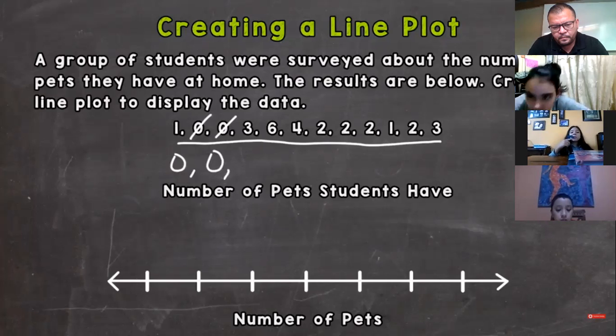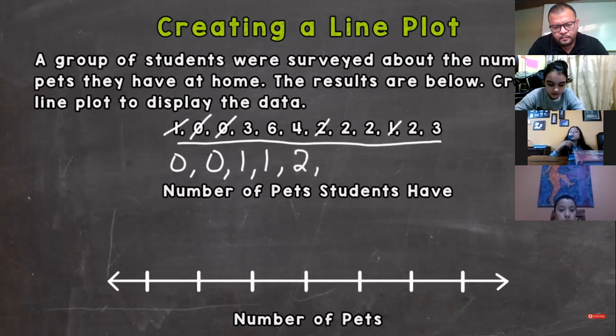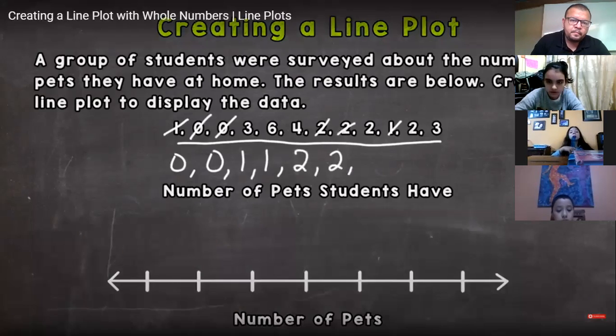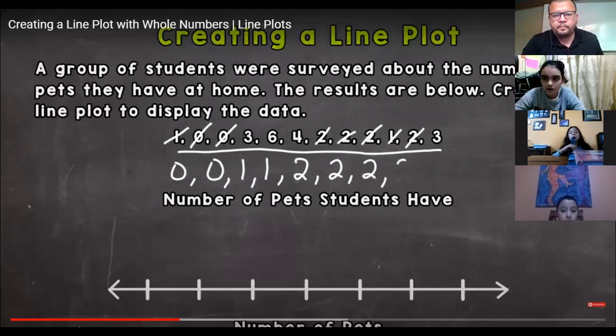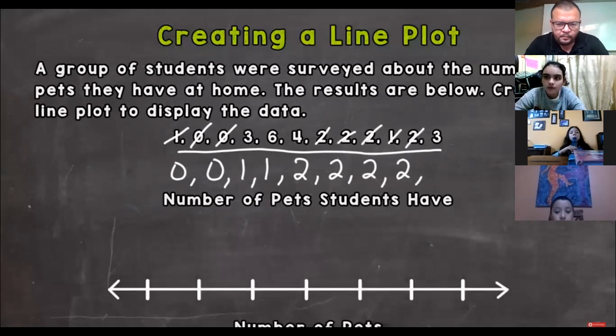And then ones, I have 1, 2 here. So 2 ones. As far as 2s go, looks like I have a few. 1, 2, 3, and actually 4 2s. How many 3s?